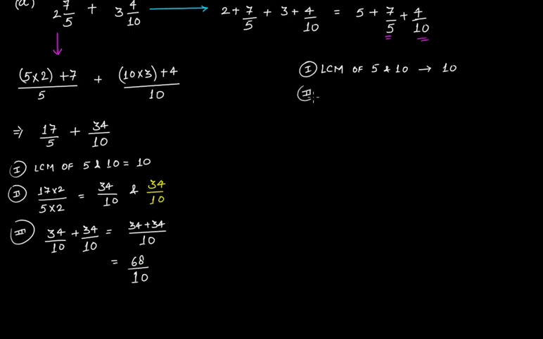Second step will be to find the equivalent fraction of this one, so that the denominator is 10, that is LCM. So for 7 over 5, if you try to find the equivalent fraction such that its denominator should be 10, same steps will be repeated here.